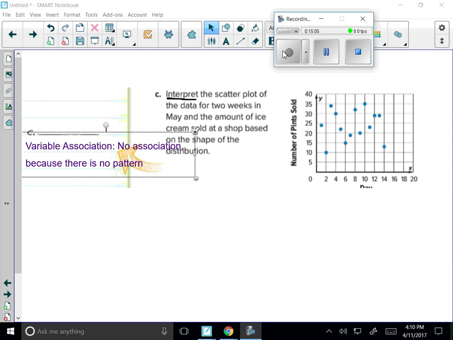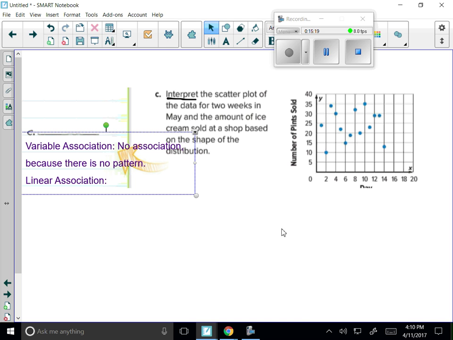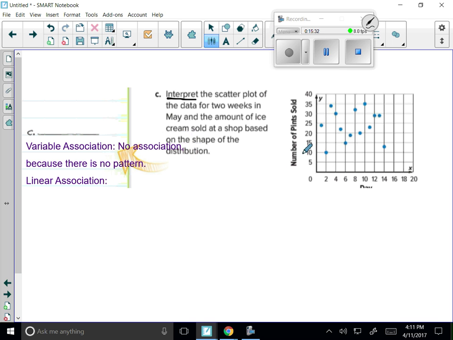Now, the next thing that we need to do is look for any linear association. And remember that a linear association asks, is it straight or is it curved? If we look at this one, I think you will all be able to tell there really is nothing going on here. We can't say it's linear, nothing is going in a straight line. And we can't even say it's non-linear, because non-linear lines all have to have a curve to them.